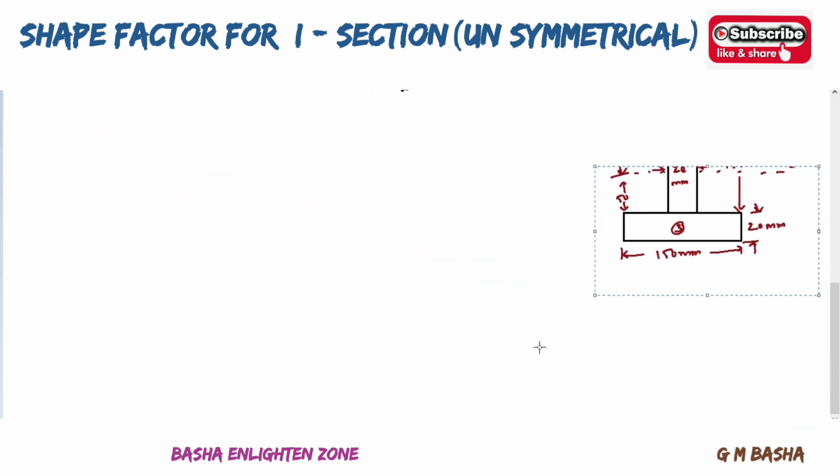See here, I am assuming somewhere your CG lies at a distance of y2 bar. For that also the same formula: y2 bar equals a1 y1 plus a2 y2 by a1 plus a2.